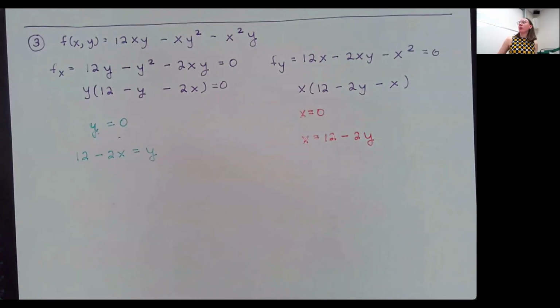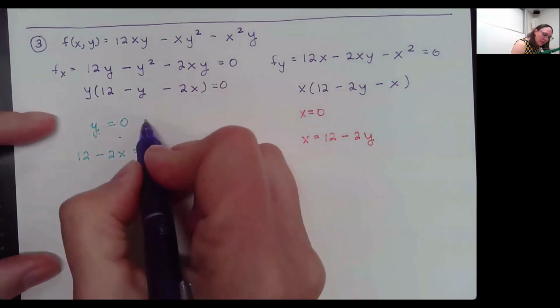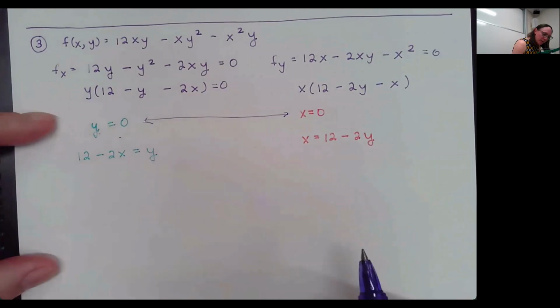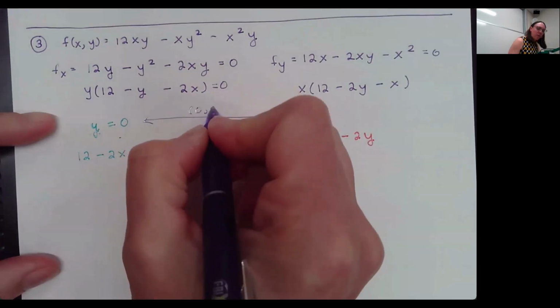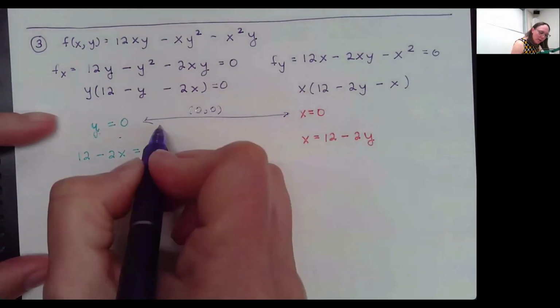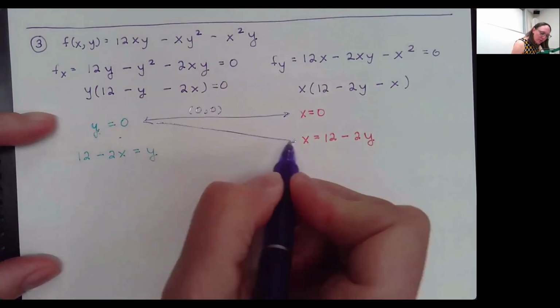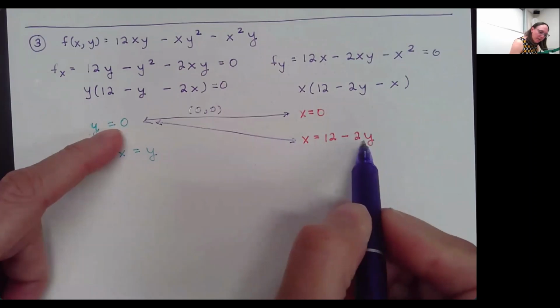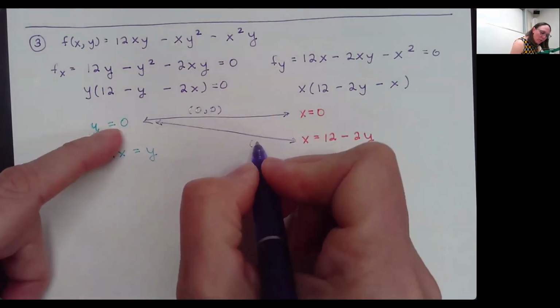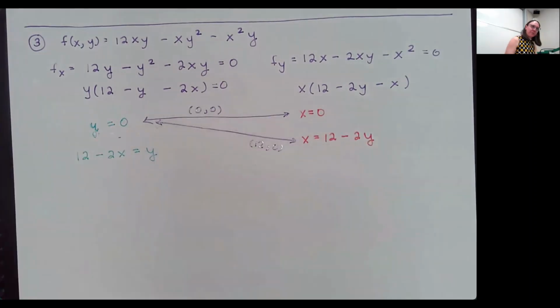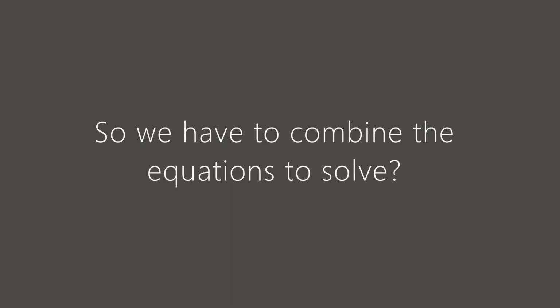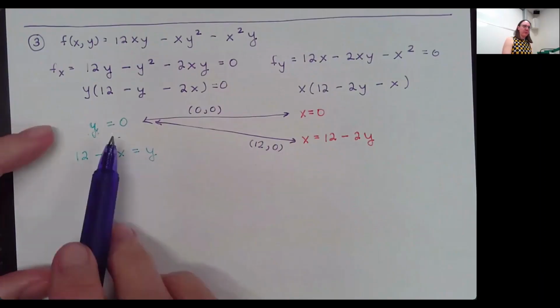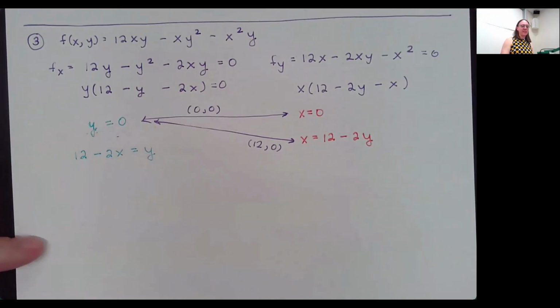So my 4 critical points come from the 4 ways to match these things up. Either these two things are true at the same time, which gives me the critical point 0, 0. Or these two things are true at the same time, which means I can plug in 0 for y here and get the critical point 12, 0.